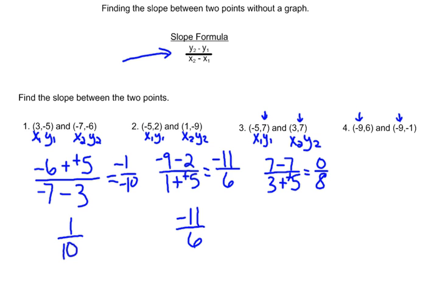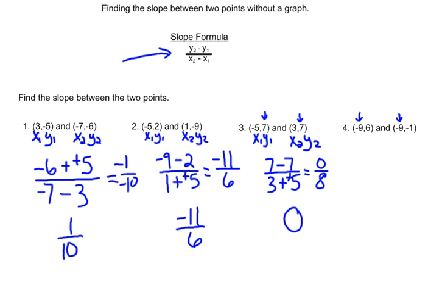Now, 0 divided by 8 is 0. And if you remember, we had 4 types of slope, and there were 2 special ones. 0 was the one that we could drive on. So when we put this into the calculator and we get 0, or if we just work it out like we did there and we get 0, we know that this is a special line. It has to be a horizontal line.